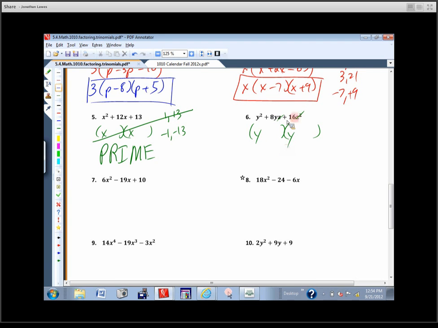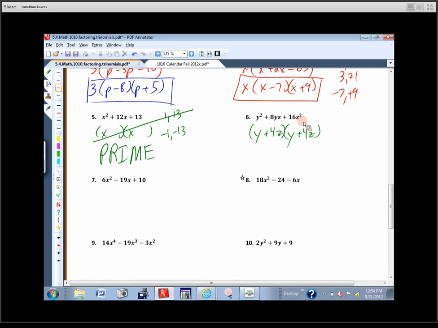I need numbers that multiply to be 16 and combine to be 8. Multiply to be positive 16, combine to be positive 8. What would do that? 4 and 4. Both of them would need to be positive. Now, if I come back here and recognize, I need this to be a 16z squared, not just the 16 that it would be here. So if they both had a z on them, would that make this a 16z squared?